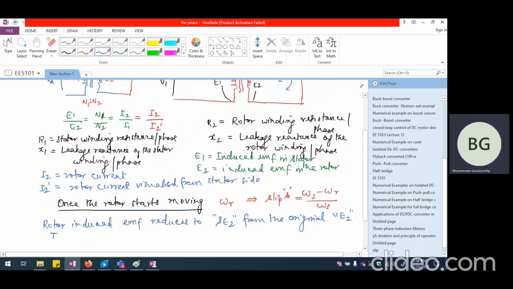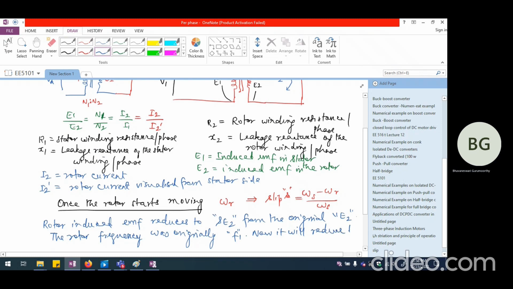And the rotor frequency, that is the induced EMF frequency, was originally F1. Now it will reduce to S times F1.